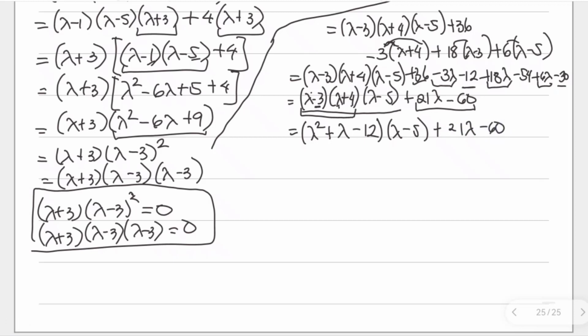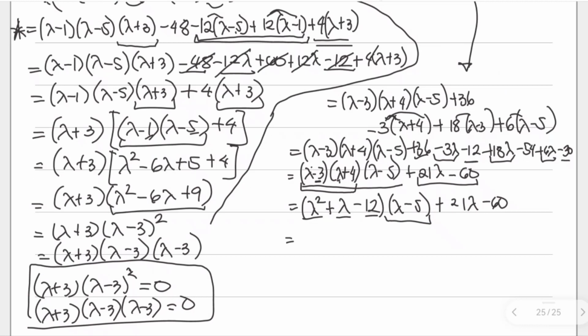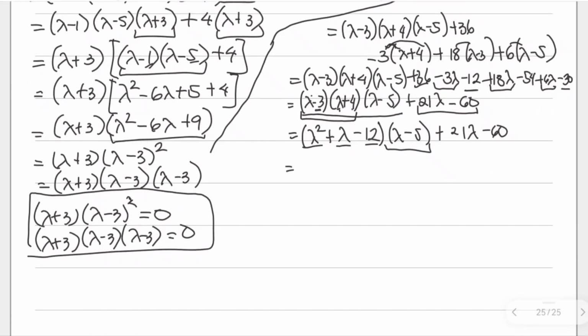You have lambda squared minus 3 lambda plus 4 lambda. Now, let's distribute each of these terms to this binomial. By distributing the lambda squared, you will have lambda cubed, then to the other one minus 5 lambda squared. Lambda times lambda, you have plus lambda squared. Lambda times negative 5, so minus 5 lambda. You have minus 12 lambda plus 60. Then plus 21 lambda minus 60.